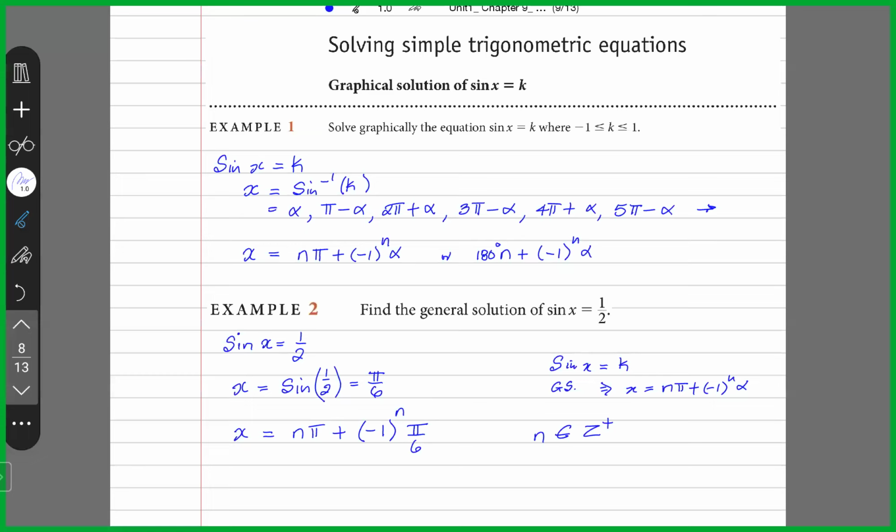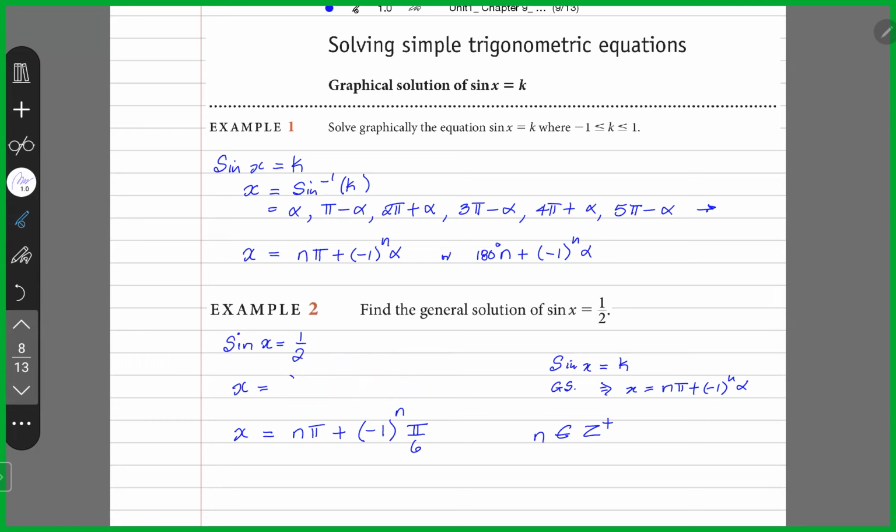All right, so here should have been sine inverse, so just some basic corrections. There should be sine inverse a half. Probably said it but didn't write it.